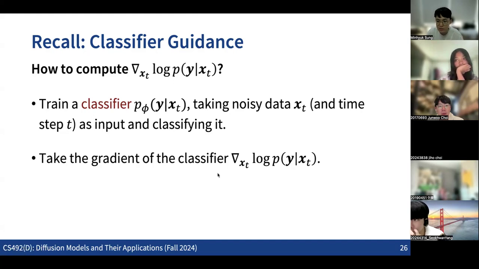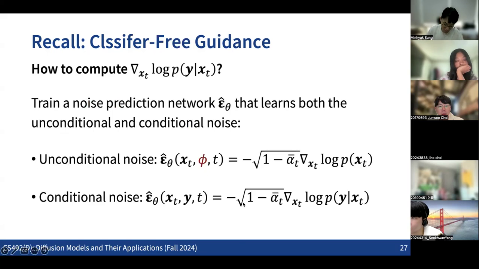And the other way, especially when y is not a label but any kind of condition, was to train the network in a way that it can also predict the conditional noise. The idea for classifier-free guidance was to modify the architecture of the noise prediction network so that it can take the condition as an additional input. So we could provide the null condition, in which case we are predicting the unconditional noise.